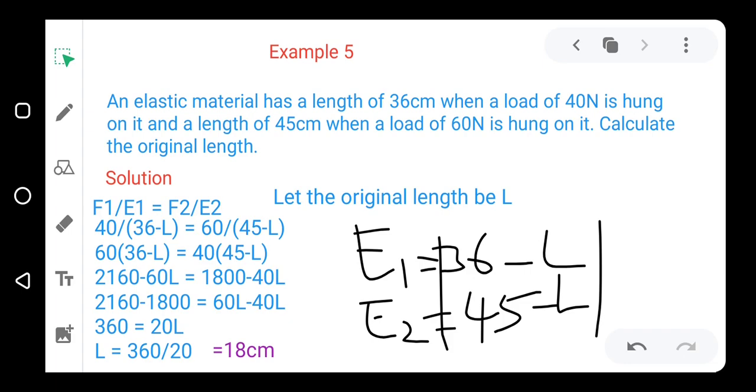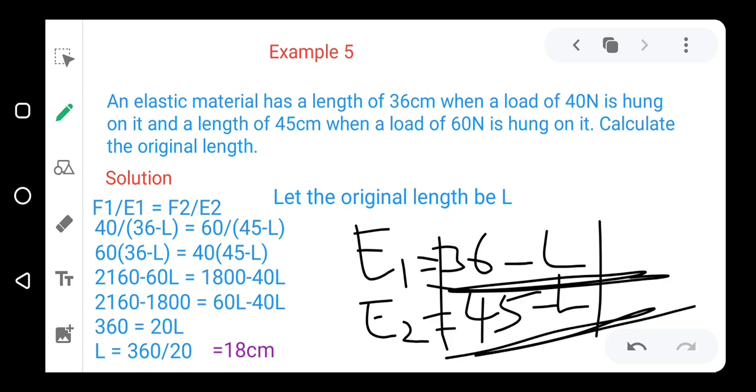This is our law, Hooke's law. So using F1, which is 40, over E1, we have our E1 as 36 minus L. And our F2 is 60, and E2 is 45 minus L. We put everything like that.